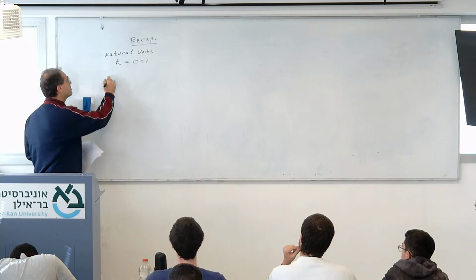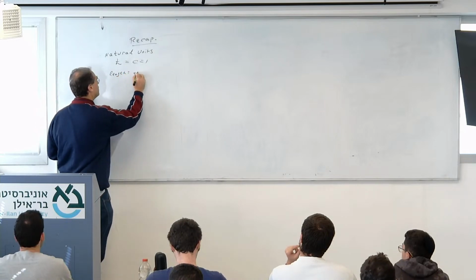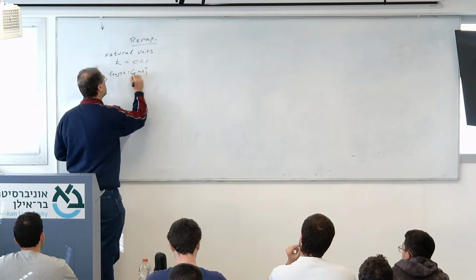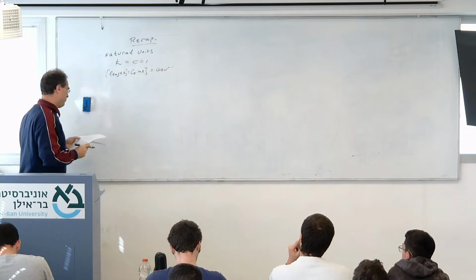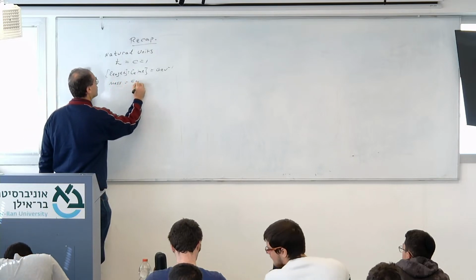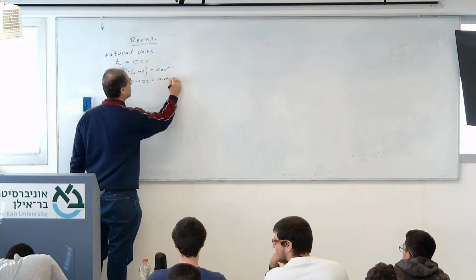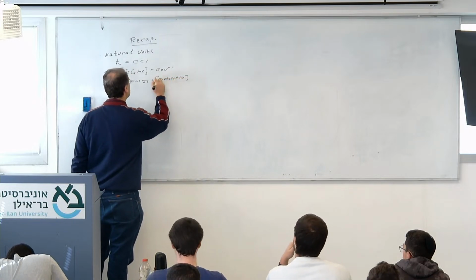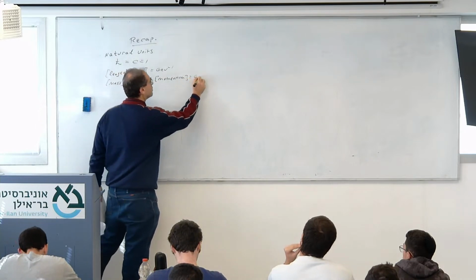So units of length equal units of time, GeV minus 1. And units of mass is equal to units of energy, is equal to units of momentum, is equal to GeV.